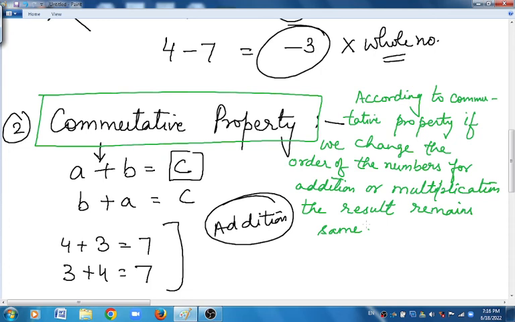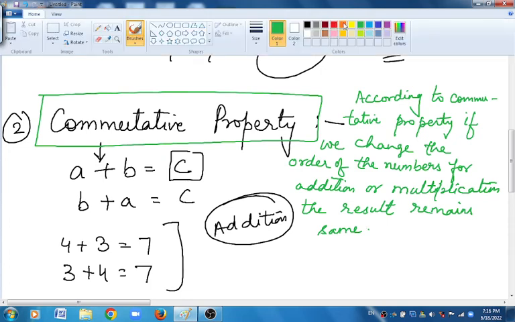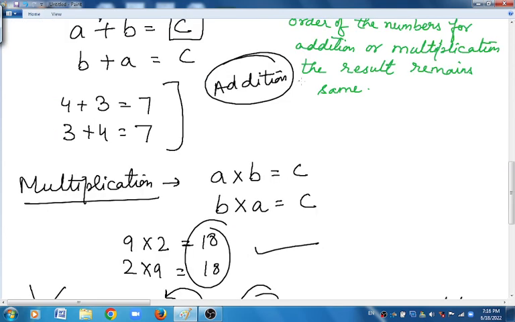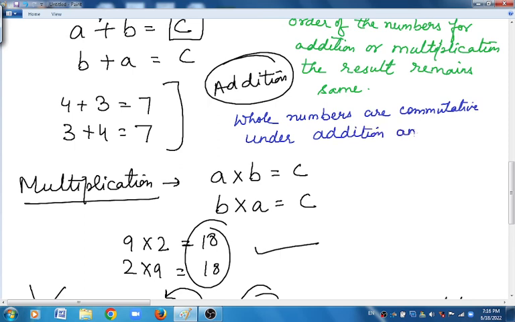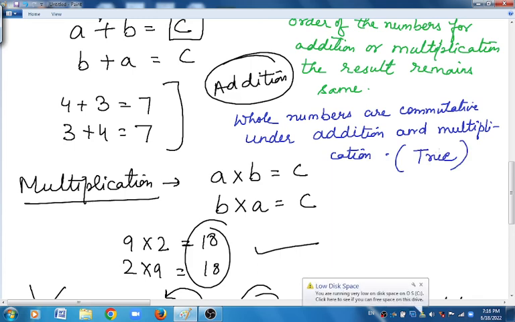Now how this language is used in the books. So you should remember when they are writing it like this, whole numbers are commutative under these two operations, which is addition and multiplication, then this statement is true, because we have already checked that these two operations, addition and multiplication, will give us the same result when we are changing the order of the multiplied numbers or the numbers which we are adding.